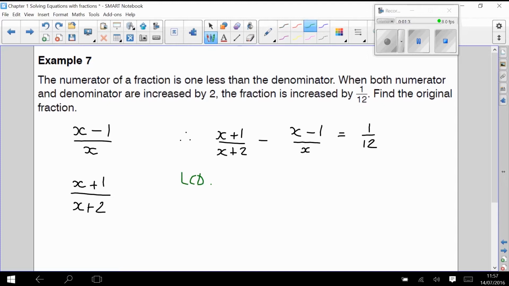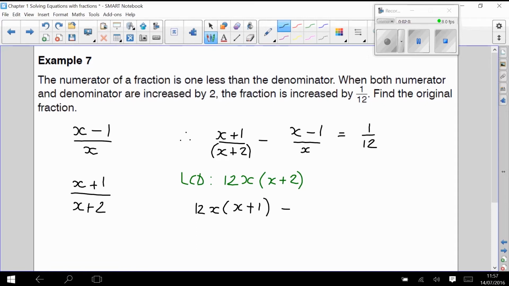In the LCD, I have 12 and x plus 2 factors. Using the LCD to get rid of the denominator, the first denominator had a factor of x plus 2, so I must times its original numerator by the other 2 factors.